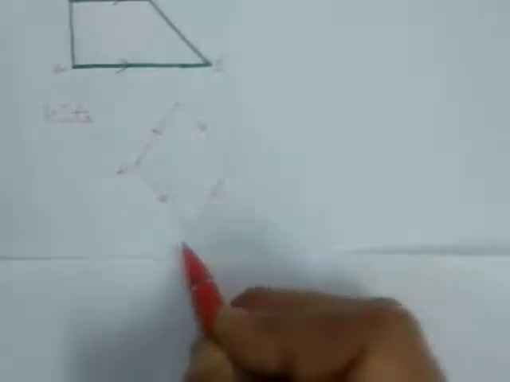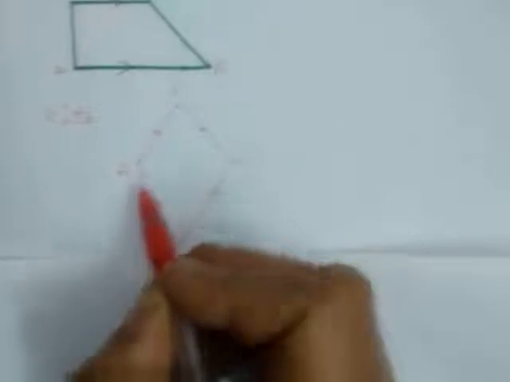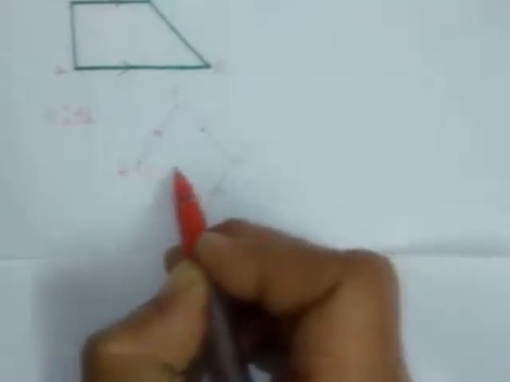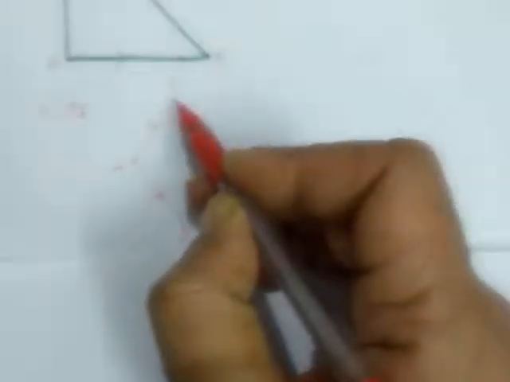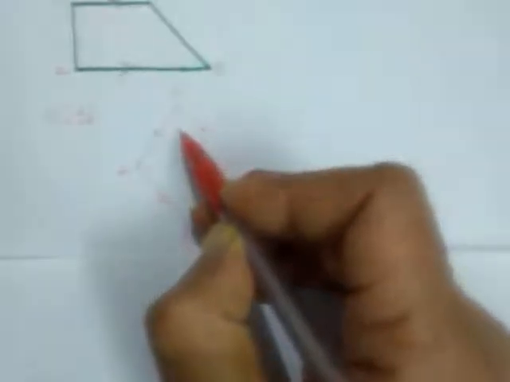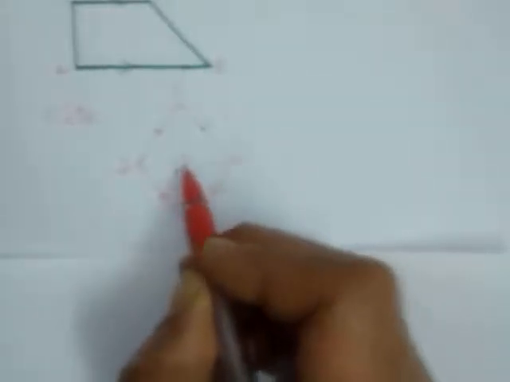The diagonals of this type of figure also perpendicularly intersect each other, but it is not necessary that they bisect. Better to say that they perpendicularly intersect each other at a point.